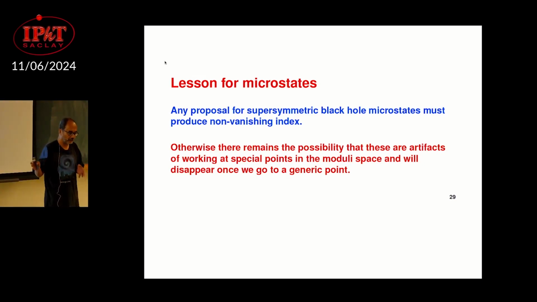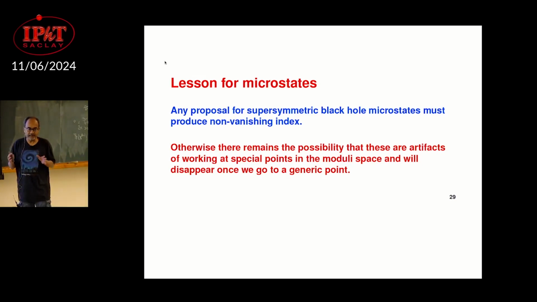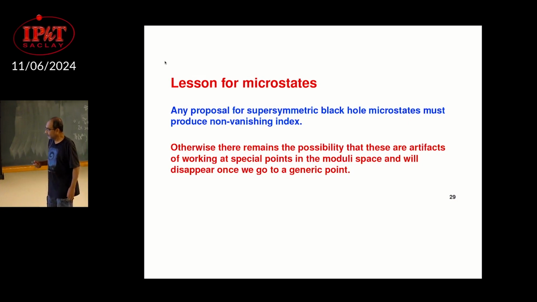In fact, it's exactly the entropy to leading order. So if you are trying to construct microstates of a black hole, it will be good to make sure that it has non-zero index, because then you can be sure that those states are there. Otherwise, there always remains a possibility that these are artifacts of working at special points in the moduli space and will disappear once you go to a generic point.